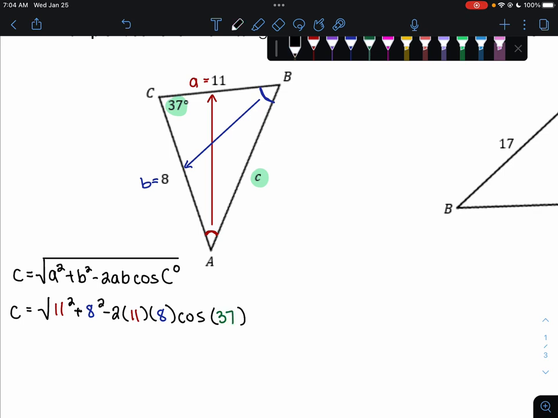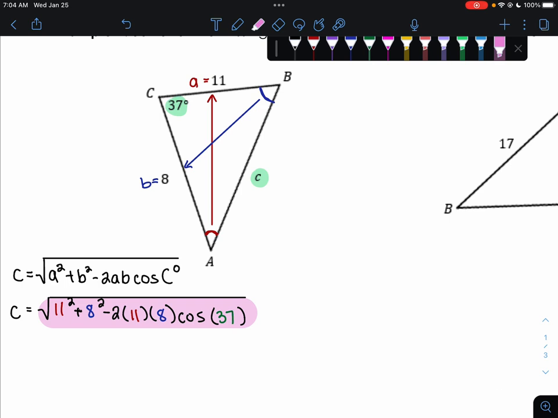And again, we're taking the square root of this whole entire thing. So you need to make sure that everything is underneath that radical. So now we're going to switch to our calculator. Remember, when we're in our calculator, we're going to make sure that we're using degree mode. And we're going to type this whole entire thing in.